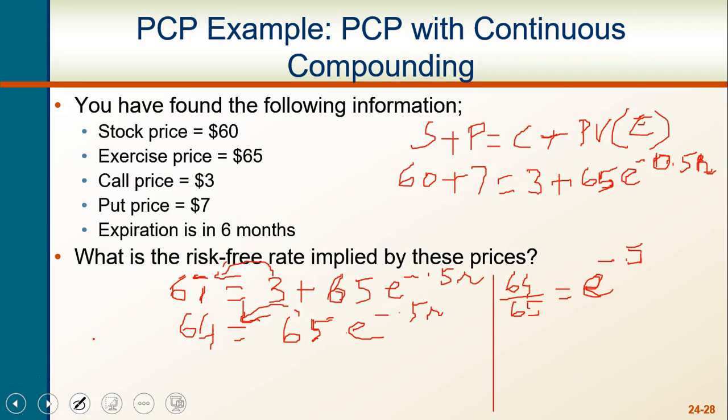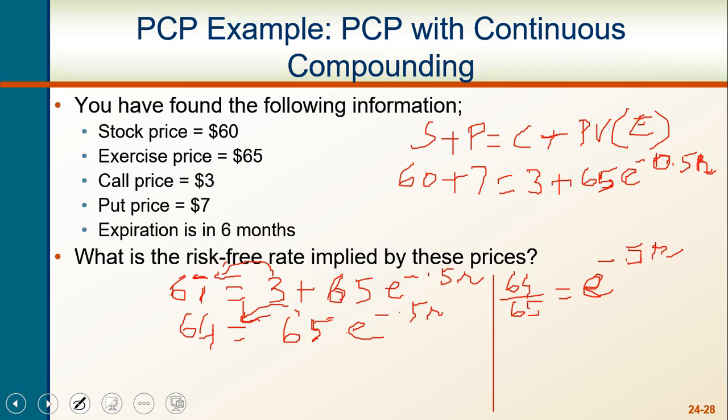Not very good either, but well, I hope you understand what I'm writing. 64 divided by 65 is equal to e raised to the power minus 0.5 times R. So if we work out 64 divided by 65, I'm going to do that on my calculator, though you're not seeing it. So 64 divided by 65 is going to give me 0.9846.